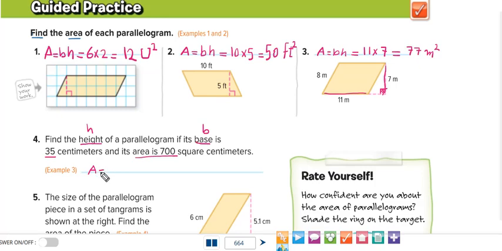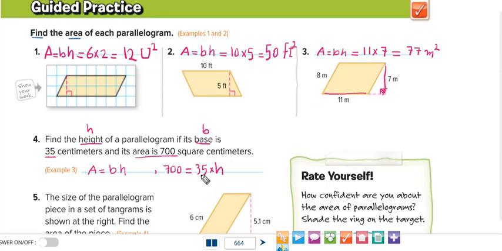A equals BH. Excellent. What is A, the area? Yes, it is 700. So 700 equals B, which is 35, times the H, which is unknown. Now what should we do?